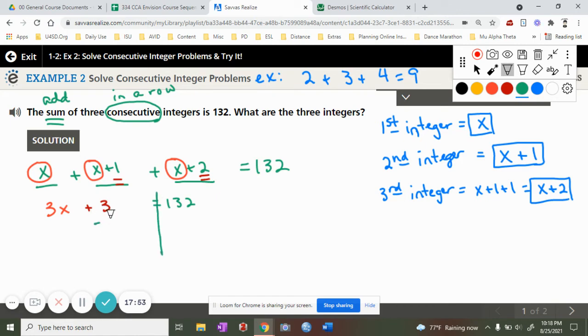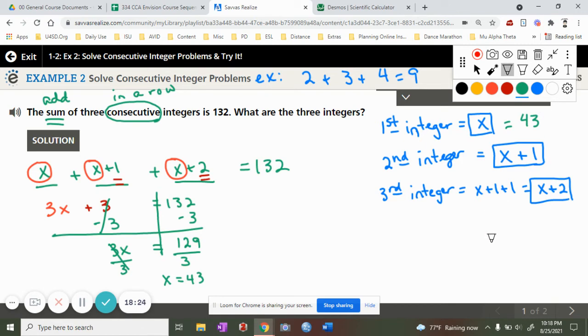So I'm going to undo my addition with subtraction. And then I have 3x equals 129. Okay, so now we're going to divide both sides by 3, and we get x equals 43. So my 3 integers, the first one, x, is 43.